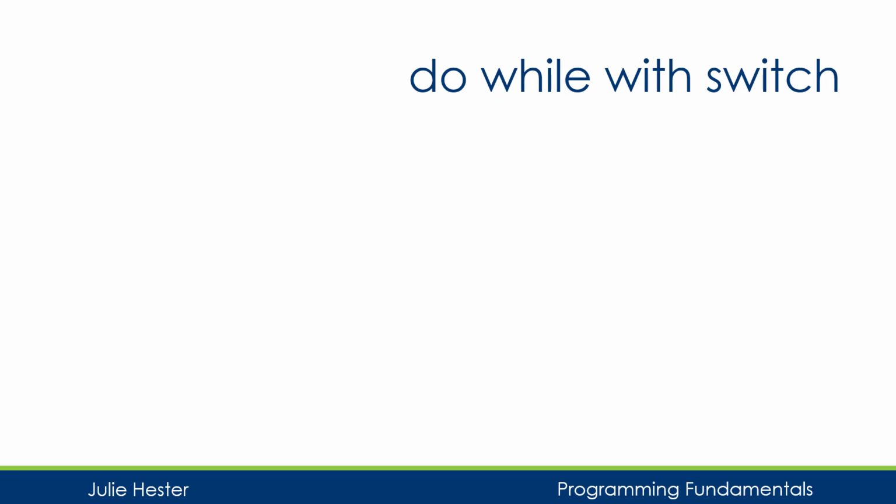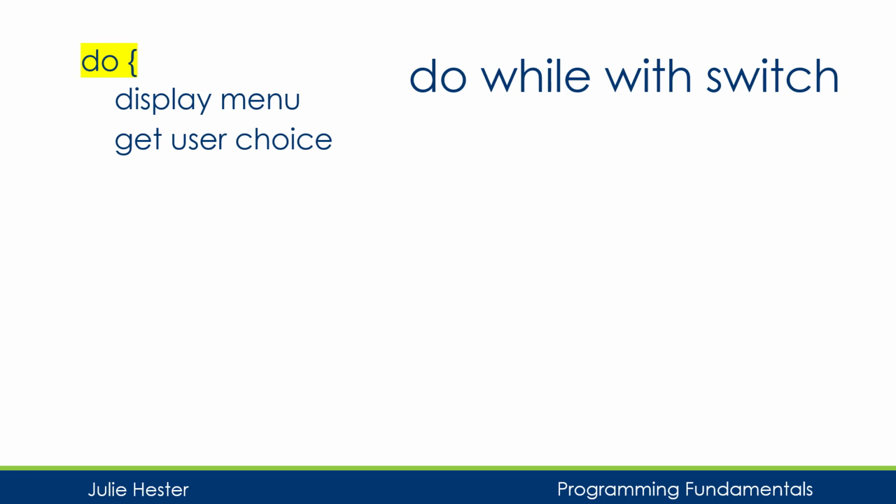Menus also work well with the switch statement because we're going to execute one of several options. And so here is what the do while statement for the menu will look like with a switch embedded inside. Again, we're going to begin with the do loop by displaying the menu and getting the user's choice.